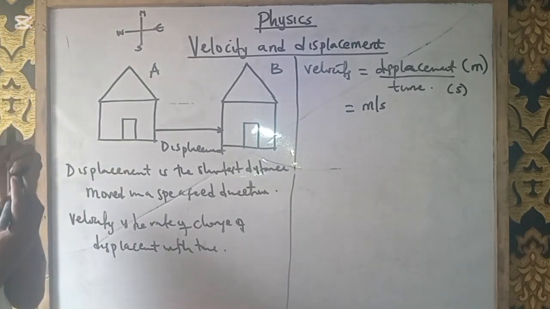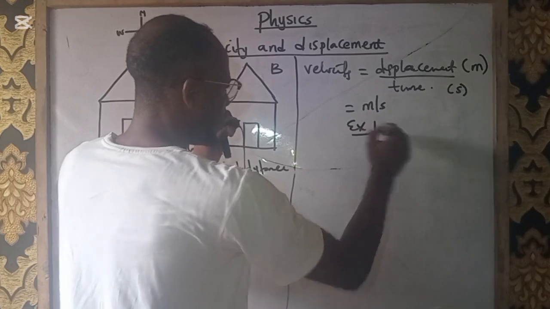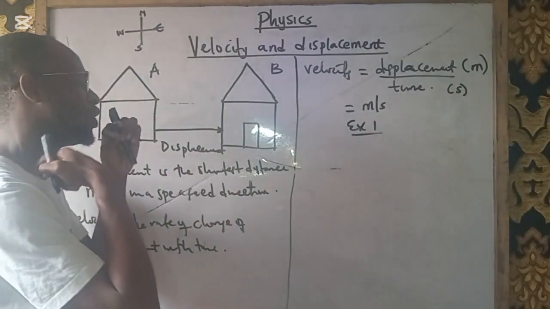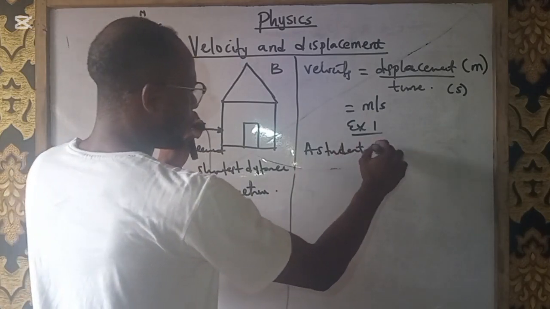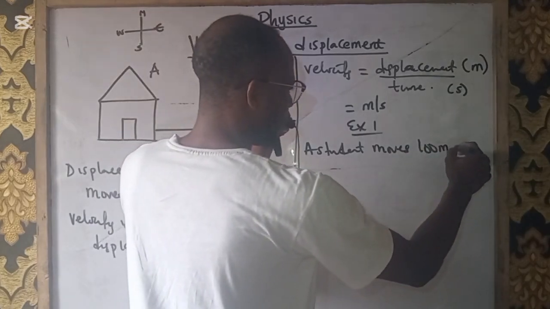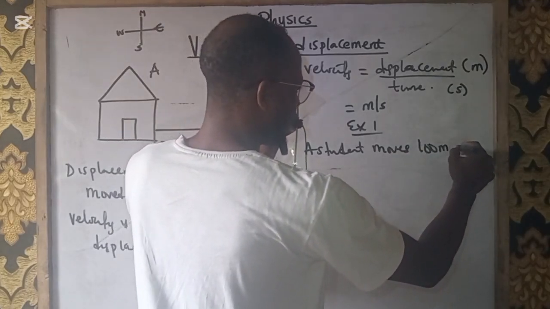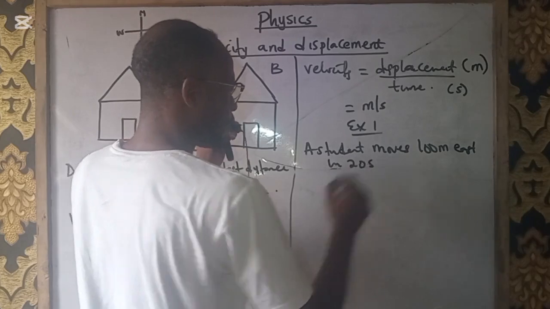All right. So let me give one or two examples on this to understand this better. Suppose a student moves 100 meters east in 20 seconds.